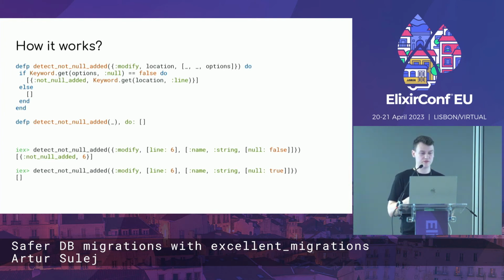We need to check if those options contain atom null with a value false, because it could be null true, which is not unsafe. And on the bottom, you can see the result when it's invoked in a console.